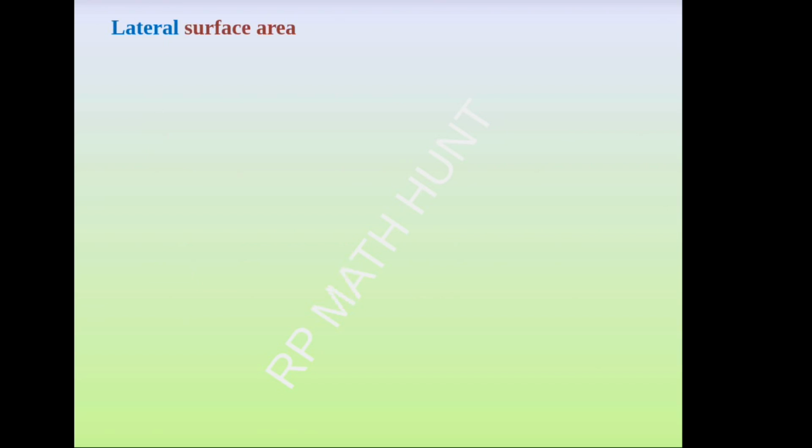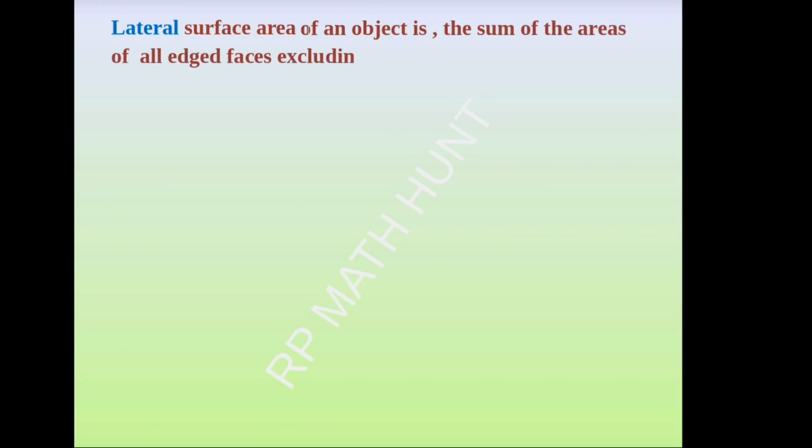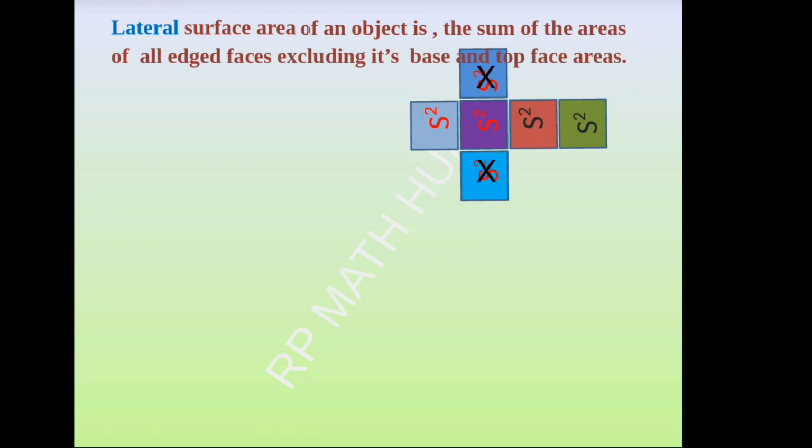Now, the lateral surface area of an object is the sum of the areas of all edged faces excluding its base and top face areas. Here, in a cube, four sides of the cube come under the lateral surface area.